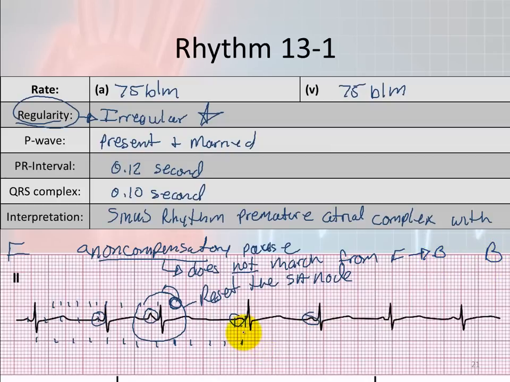Since they didn't march out, because as you can see here, this is where it actually landed, and it was supposed to occur here. So it didn't march out from the front to the back through the PAC. That means that it was a non-compensatory pause.